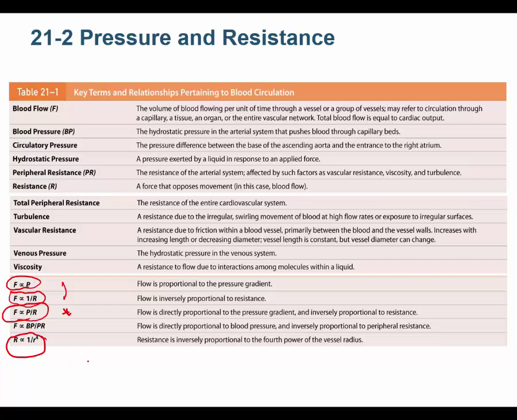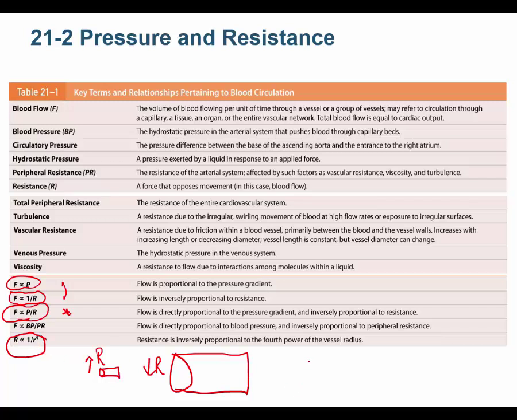The higher the radius, the lower the resistance. That means a real small blood vessel like this has high resistance, but a huge blood vessel like this has low resistance. And the exact proportion is 1 over r to the 4th. So as r to the 4th goes up, my resistance goes down.